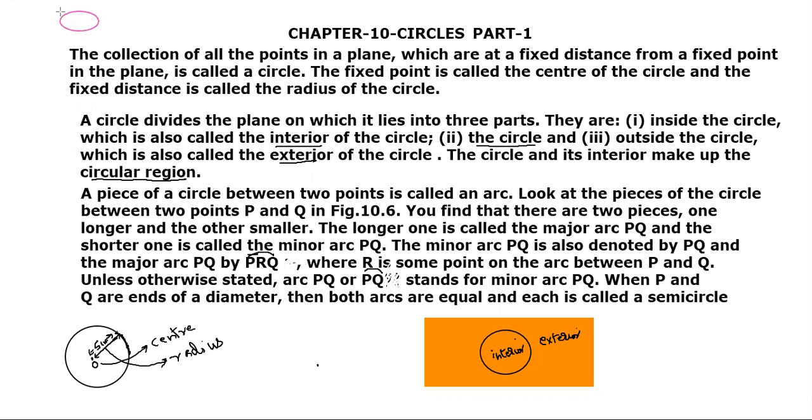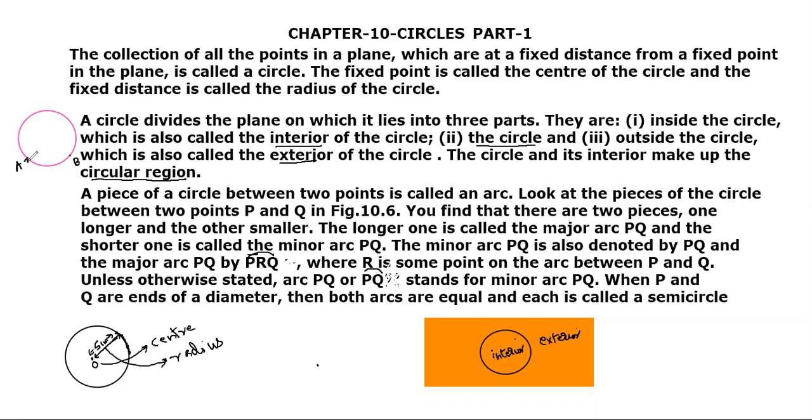Suppose you have a circle, and take 2 points on this circle, A and B. You can see in this figure that there are two pieces, one longer and the other smaller. The circle is dividing into two pieces.